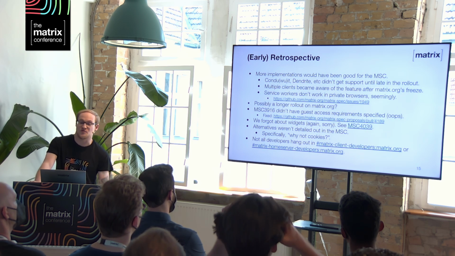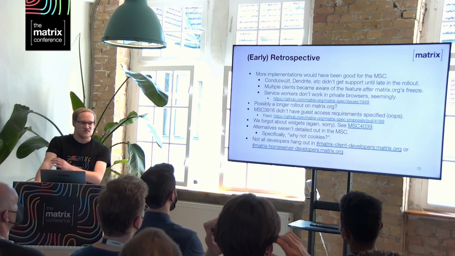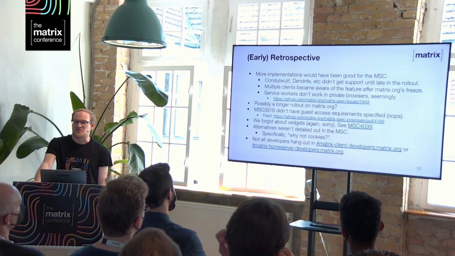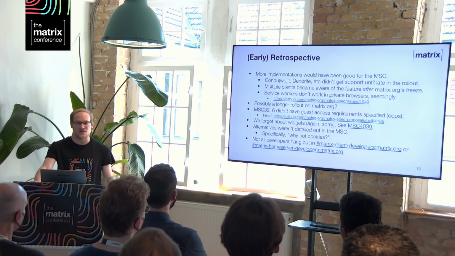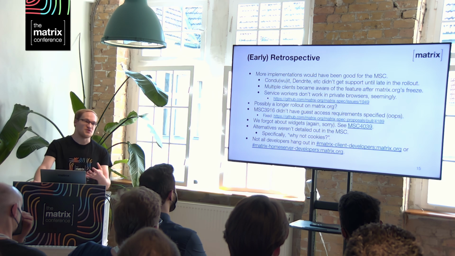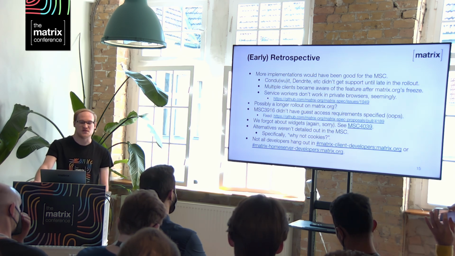Typically an MSC only requires one implementation to get through the FCP process. But in this case, because the feature is so large and it impacts literally the whole ecosystem, potentially next time we would consider having more implementations be either a requirement or a soft requirement of the actual MSC process itself.